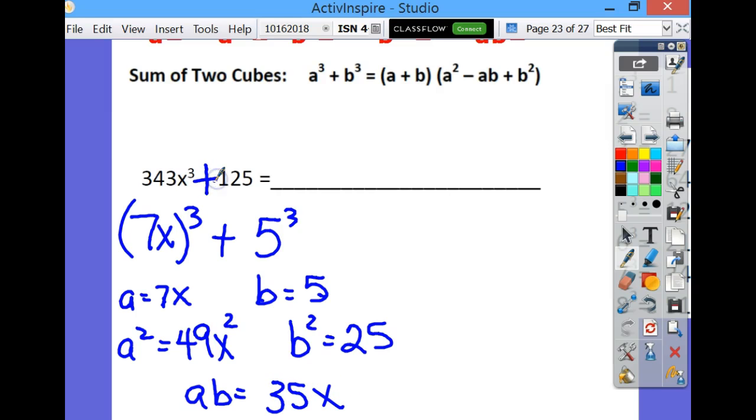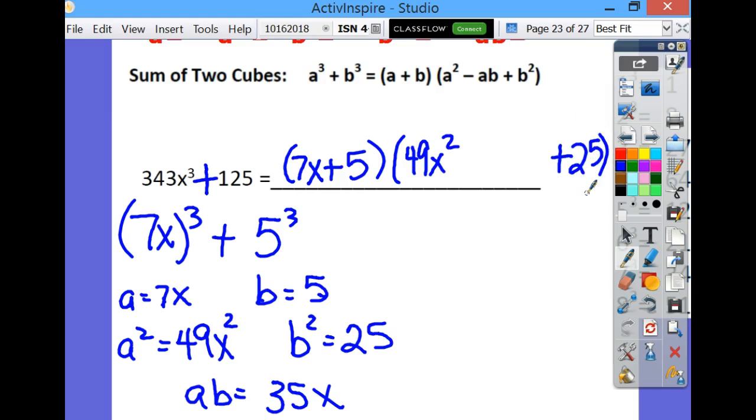If this is a plus sign, I'm going to use the top formula on the other page. It's going to start out with a plus b. A squared, and the b squared is going to be down here at the end, and this is going to be the AB in the middle.